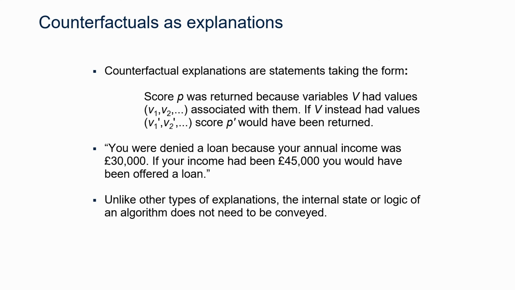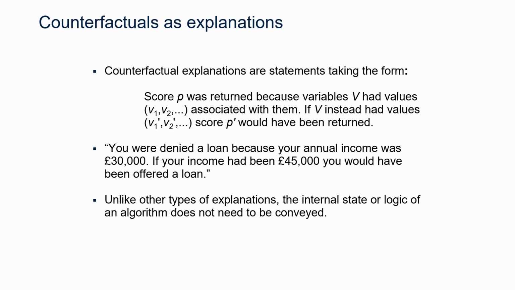And as a result, you got score P. If those variables instead had different values, these specific different values, then this other score P prime would have been returned. So it's basically saying if we actually change the input variables, then you would have had a different score or a different output.